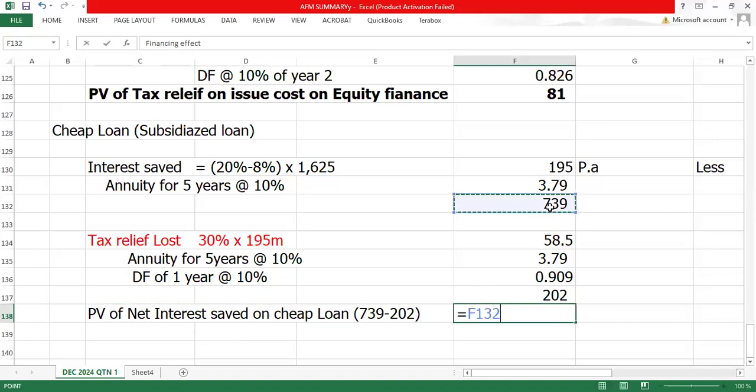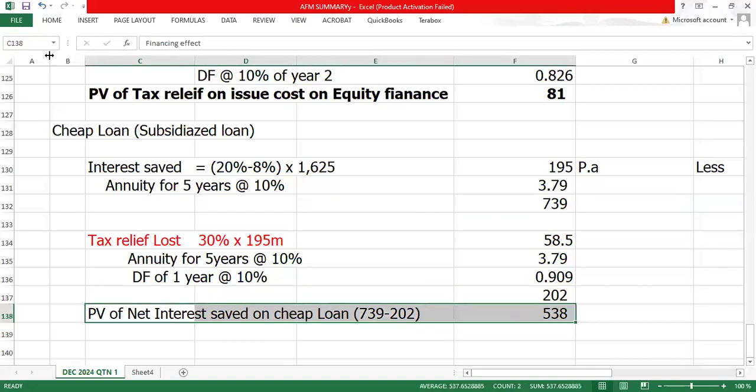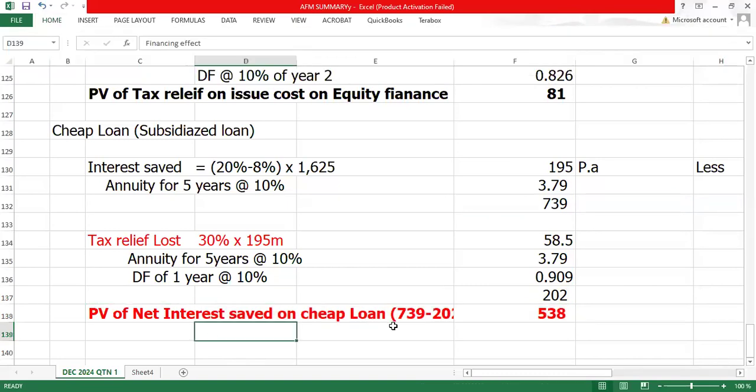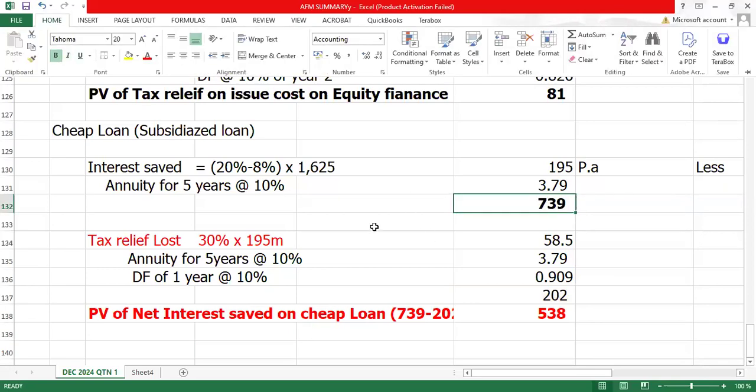The PV of the total interest saved minus the PV of the tax relief lost. This is something that you need to take note of, especially if you're claiming the tax in arrears.